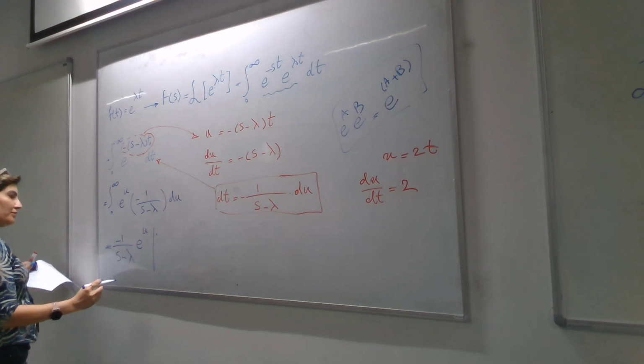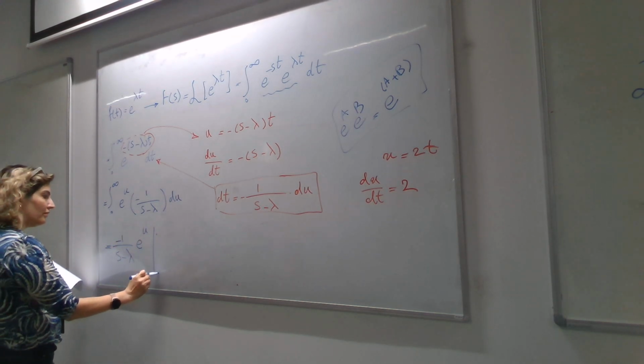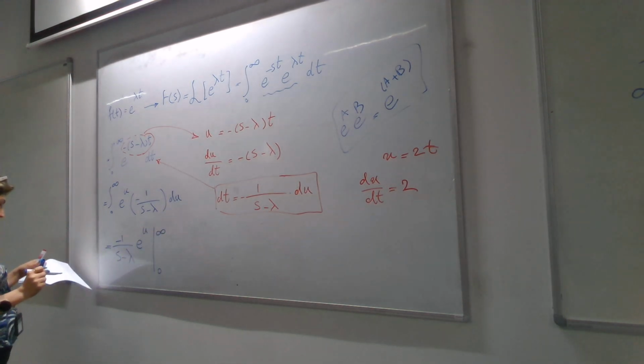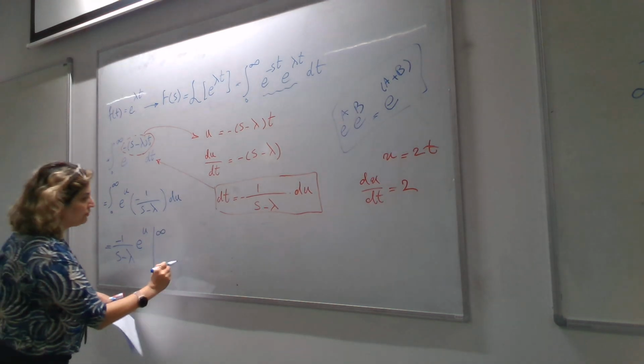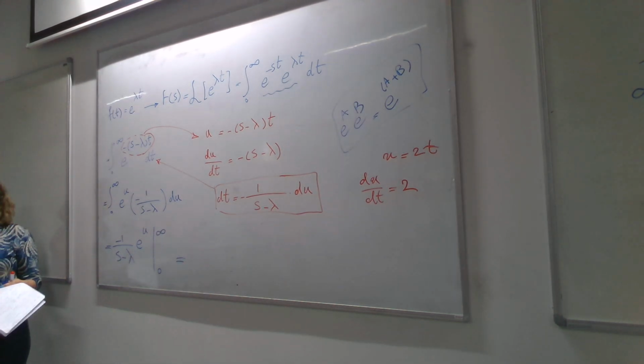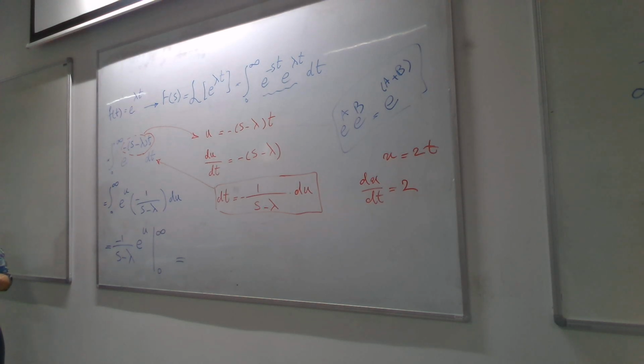What are my values that I'm plugging in? It's 0 and infinity. Now, how do I do plugging in? I plug the infinite first.